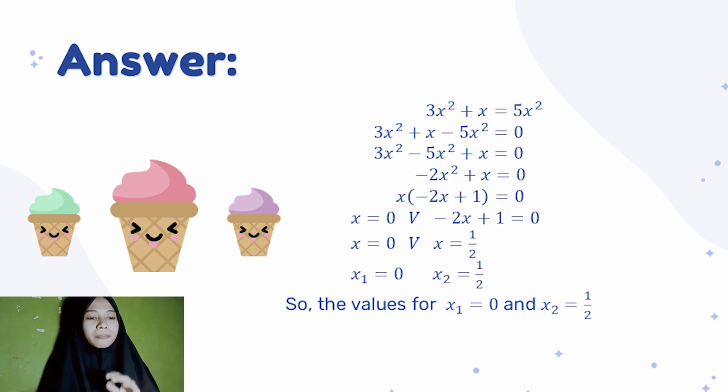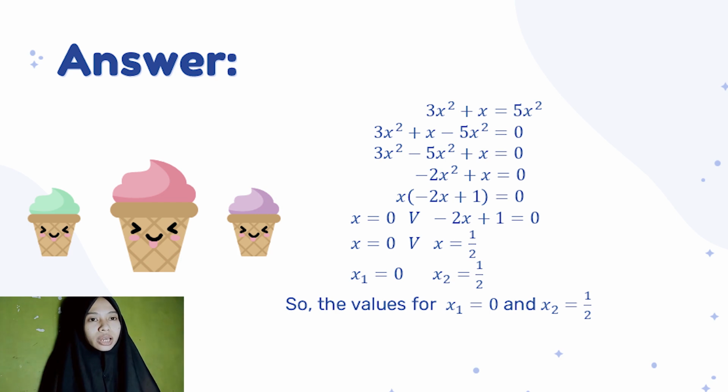3x squared plus x equals 5x squared. 3x squared plus x minus 5x squared equals 0. 3x squared minus 5x squared plus x is equal to 0.